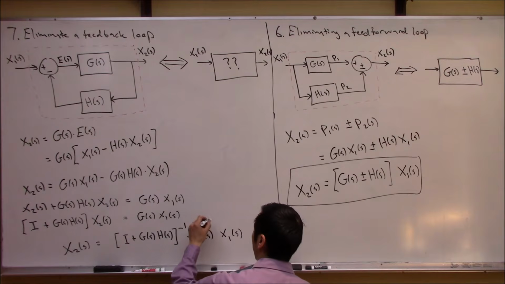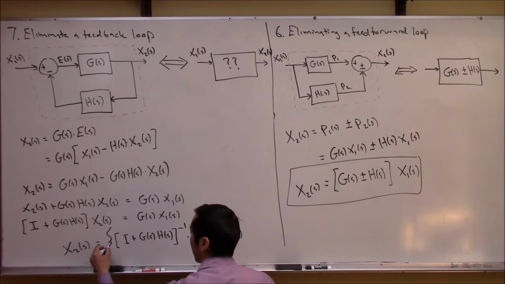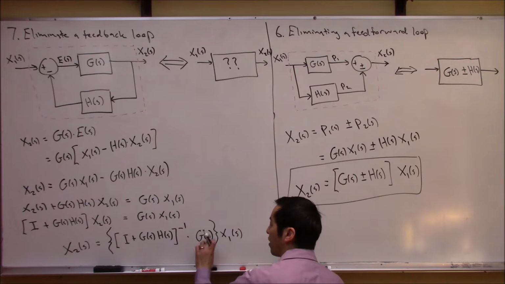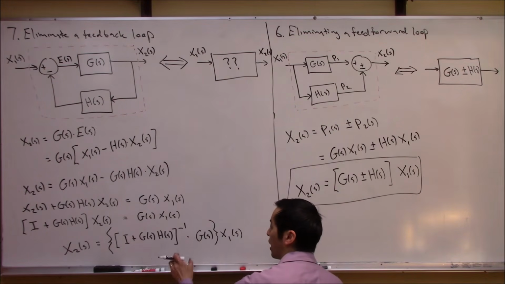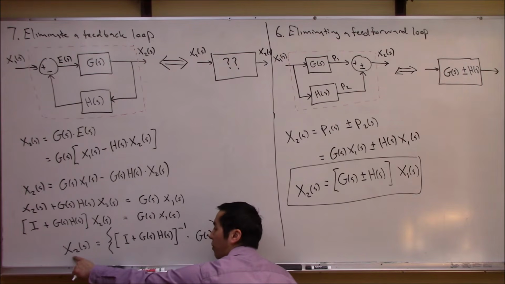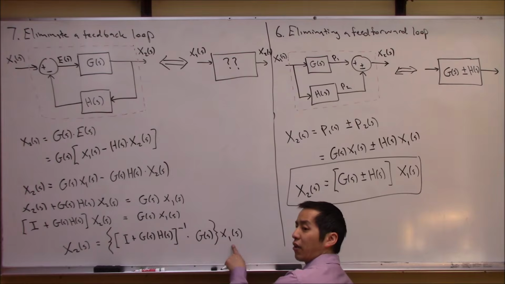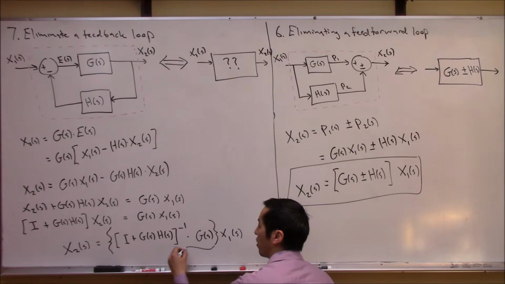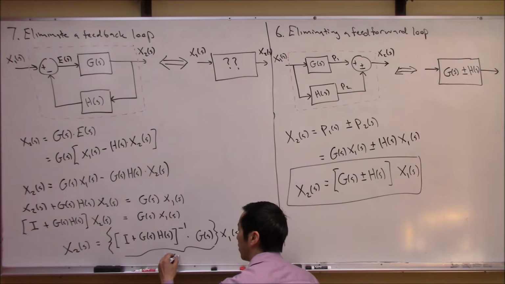And let me put this in curly braces, because this is the relationship we're looking for. This thing within curly braces gets me the entire output of the system if I multiply by the entire input of the system. So this thing in curly braces is what we can call T of s, or my closed loop transfer function.